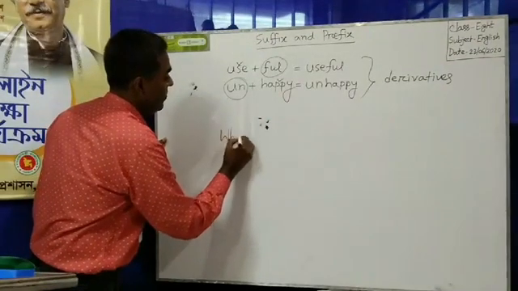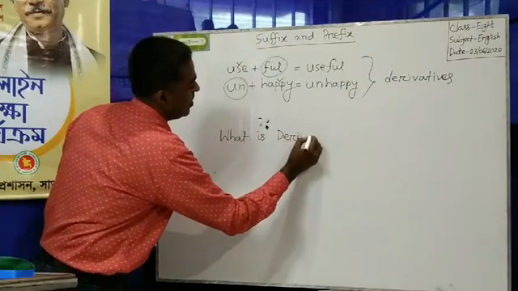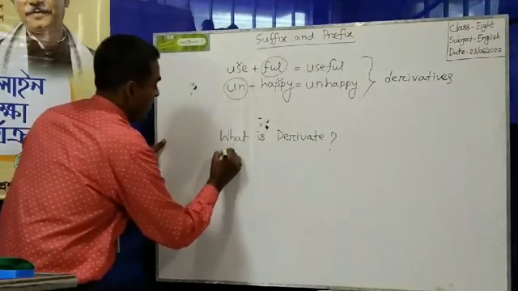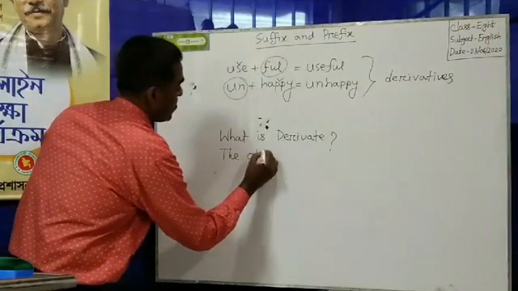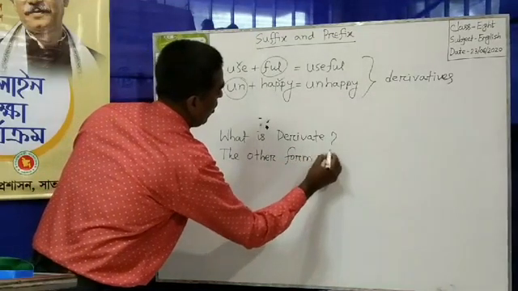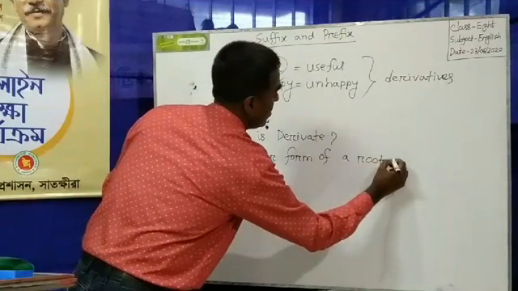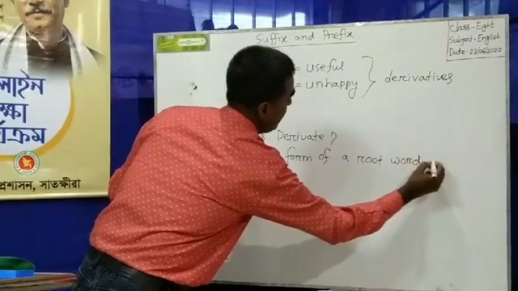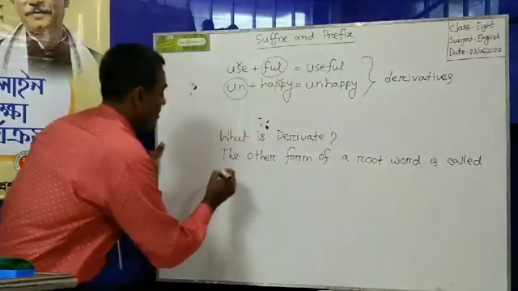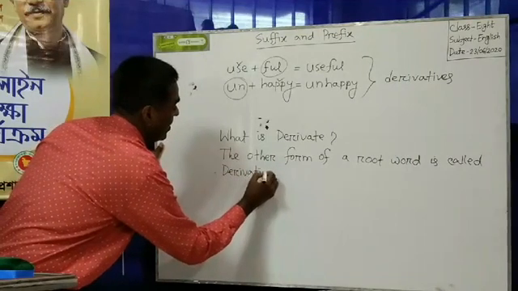What is a derivative? The other form of a root word is called a derivative.